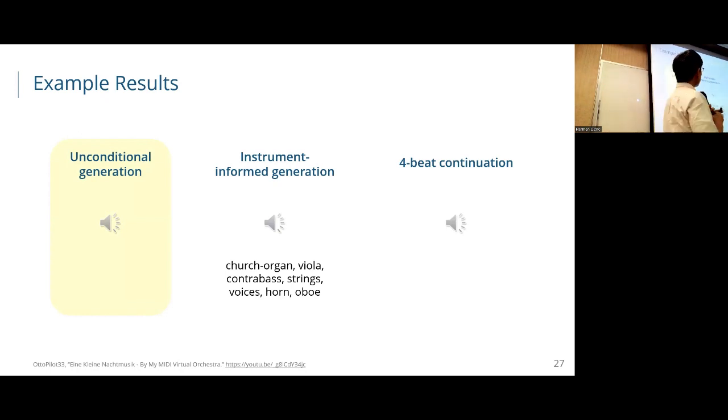And we also have instrument-informed generation, where we just want a music piece composed with all the instruments specified here. And we also have a 4-beat continuation example.